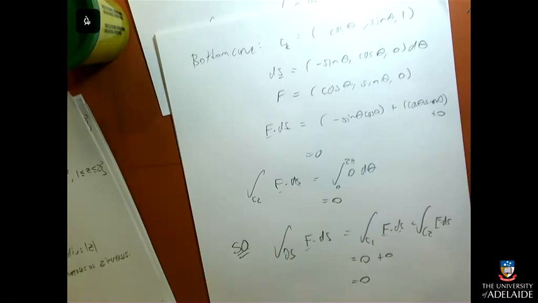One of them was because the perpendicular to the surface was in the same direction as the vector field, and we were crossing them. And the other one was because the tangent to the curve was perpendicular to the vector field, and we dotted them, and we got 0 for both, but for opposite reasons. Though this theorem would seem to say that they're actually the same reason.